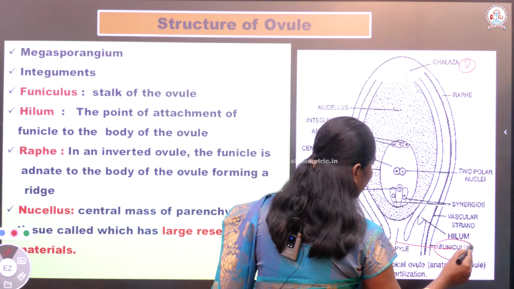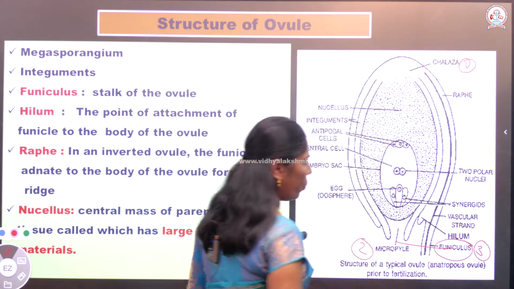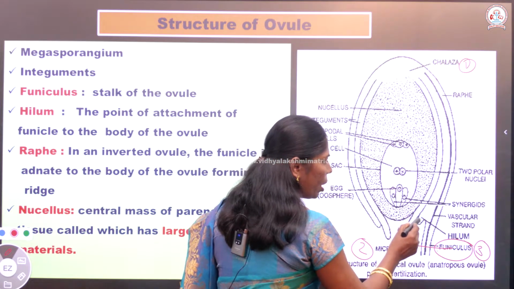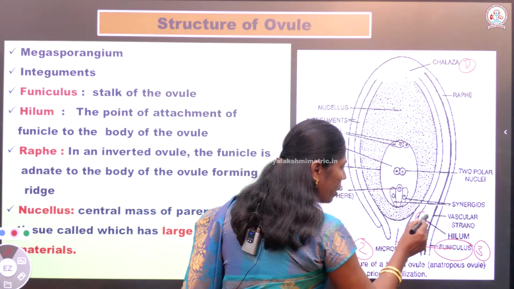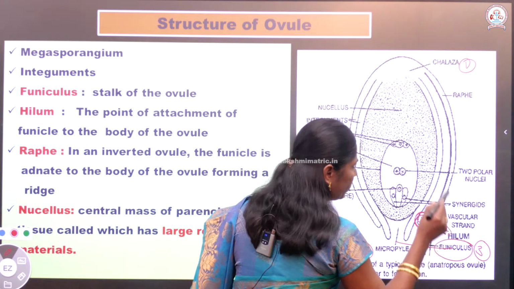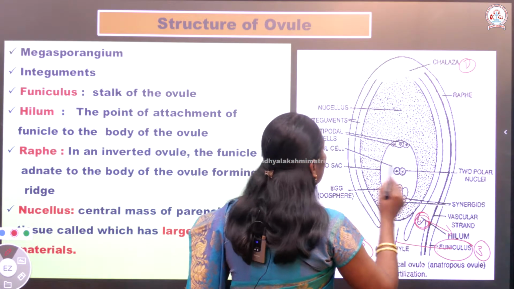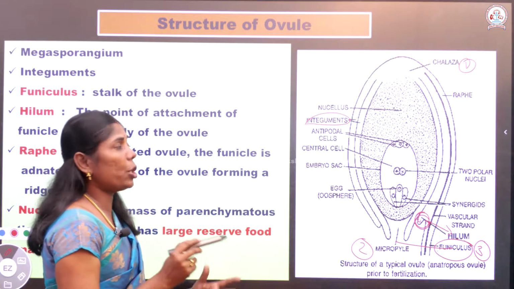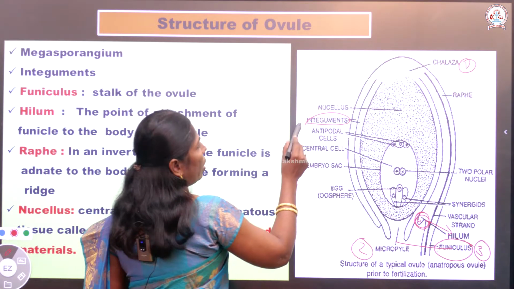The funiculus is very important. The stalk of the ovule is called the funiculus. The funiculus is attached to the body of the ovule, and that point of attachment is known as the hilum. Next, the ovule is covered by integuments, which may be a single integument or two integuments.